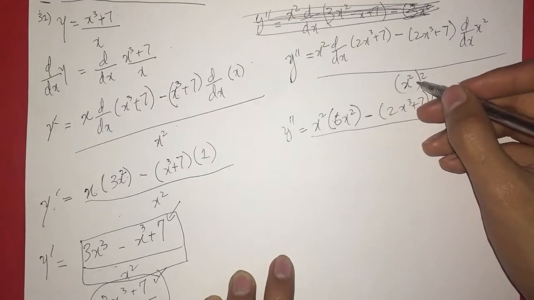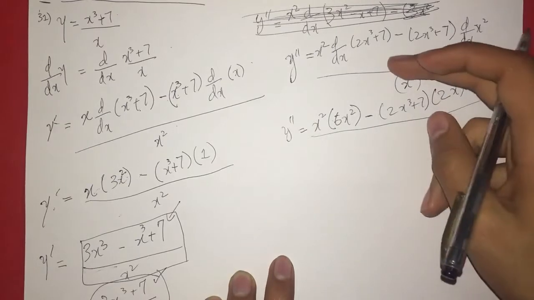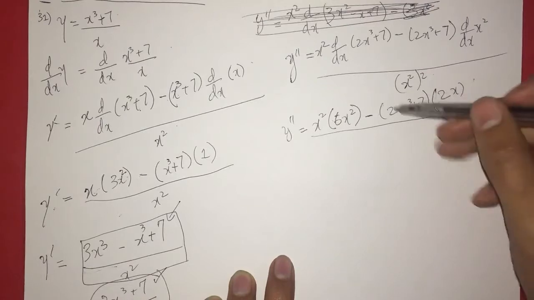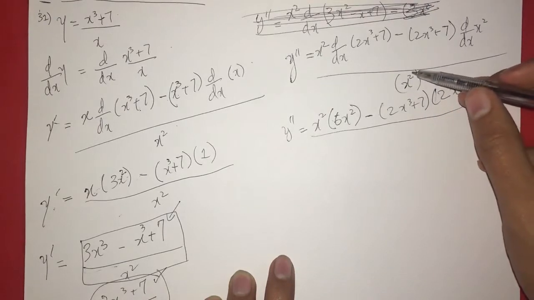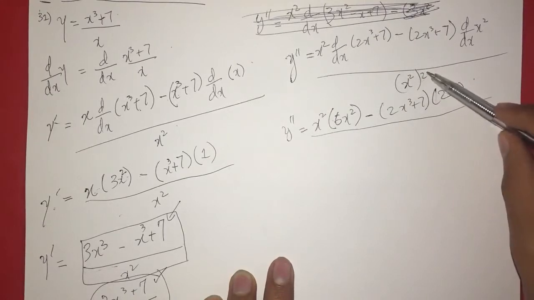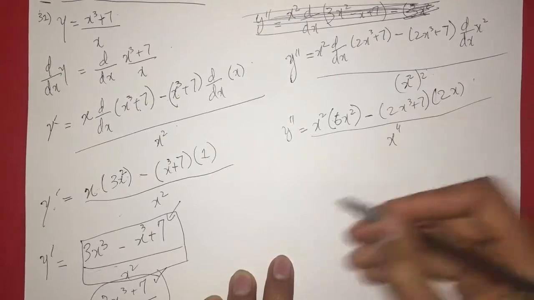Whenever you have a variable with an exponent and you take the square of the whole thing, the exponent gets multiplied by the power. So you have x, and 2 multiplied by 2 is 4.